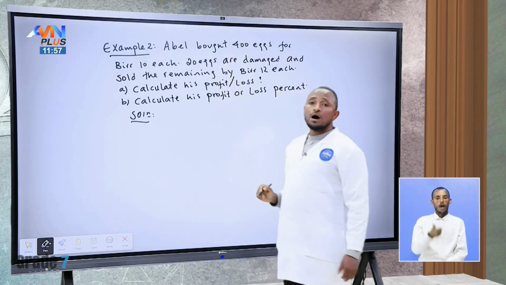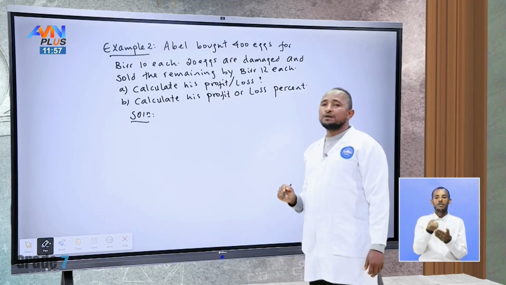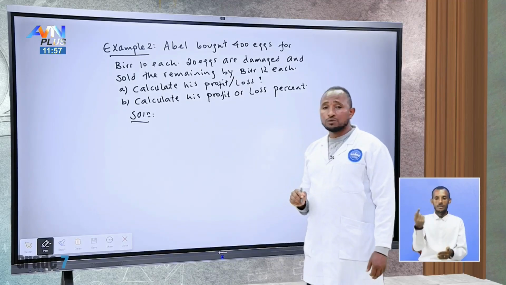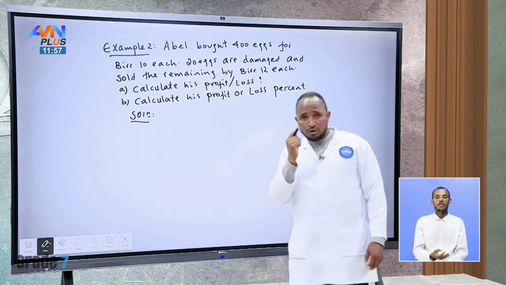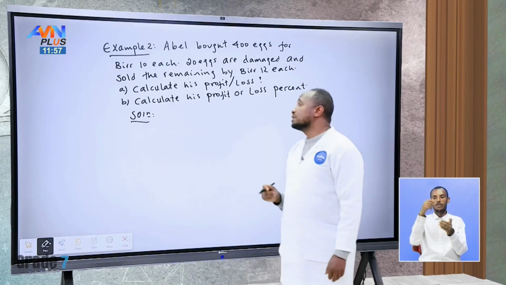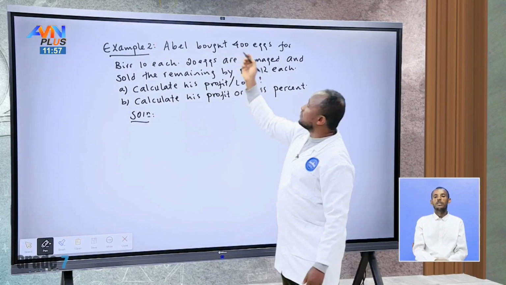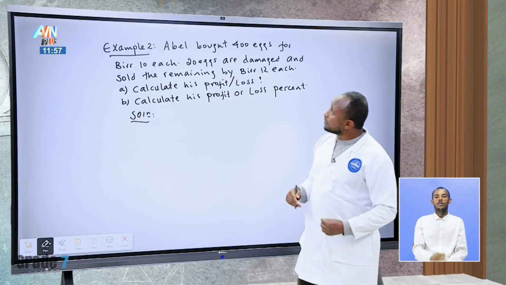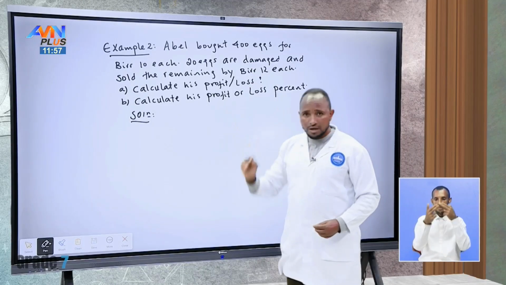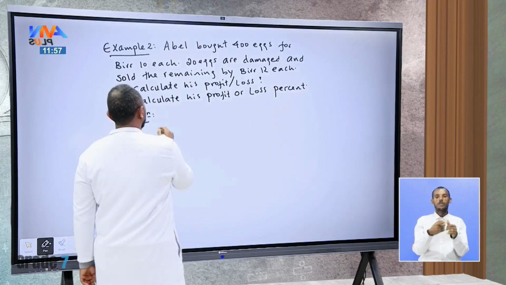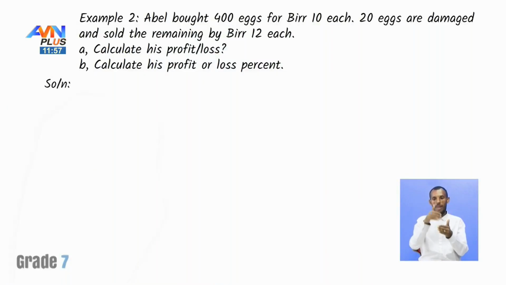Abel bought how many eggs? 400 eggs. What is the cost of each? The cost of each is 10 birr. That means the cost of one egg is 10 birr. Therefore, the cost of 400 eggs will be the product of 400 and 10. So here, let's first put the cost price.